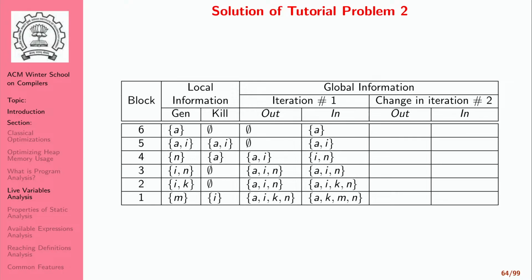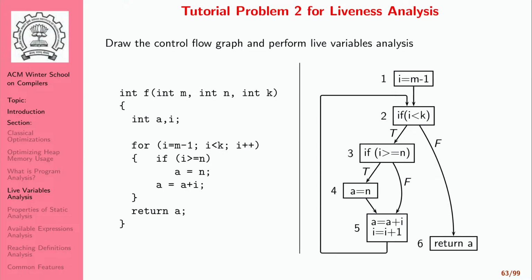In block number 1, why is the liveness of A not killed? Someone tell me why. Are we redefining A in block 1? For liveness to be killed, the variable needs to be redefined.